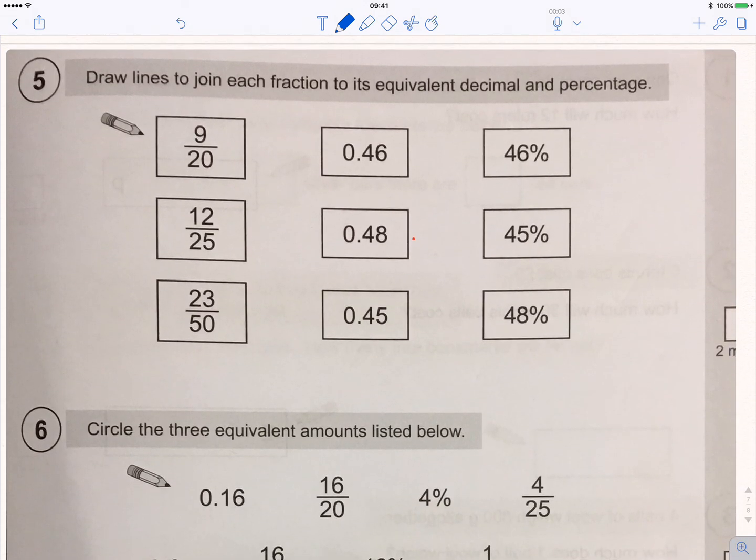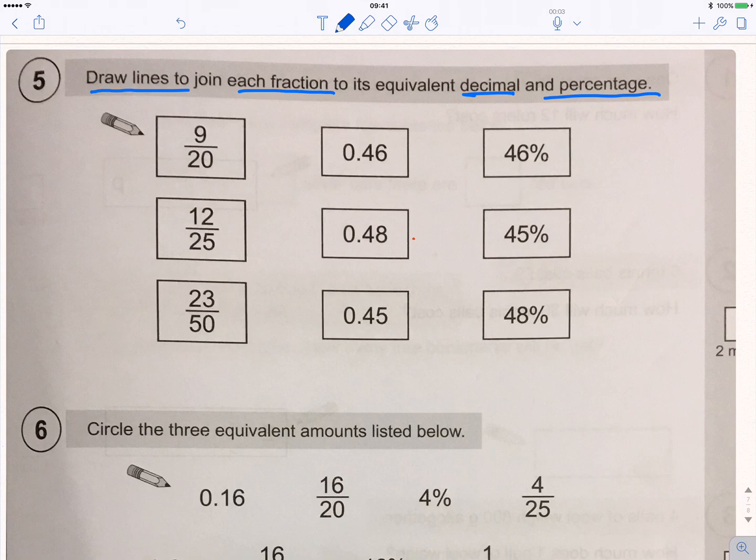It says here, draw lines to join each fraction to its equivalent decimal and percentage. Now, let's start off with the fractions here. Treat it as a column. 9/20. What is 9/20 as a percentage?